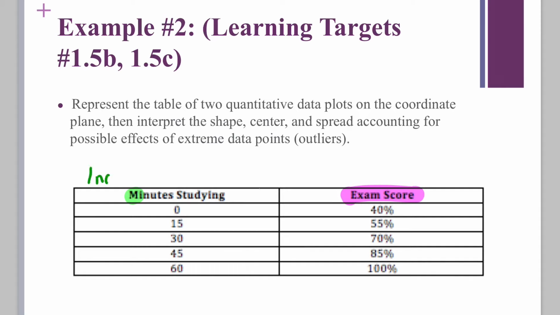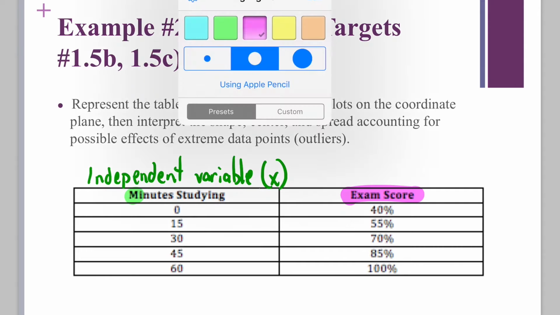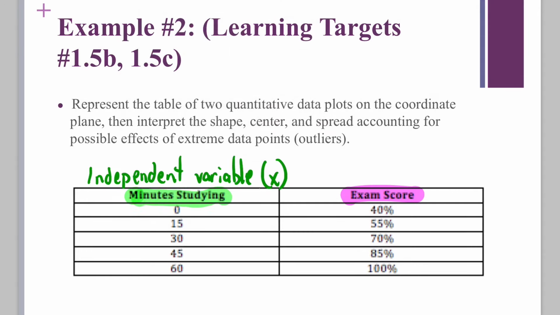This is our independent variable, which we represent with an X. And this is the dependent, because our exam score will depend on how much we study, and we represent our dependent variable with a Y.